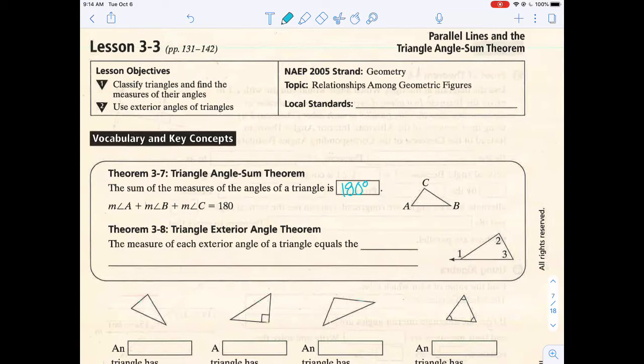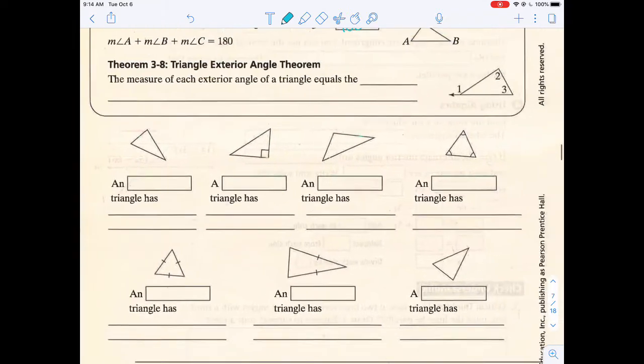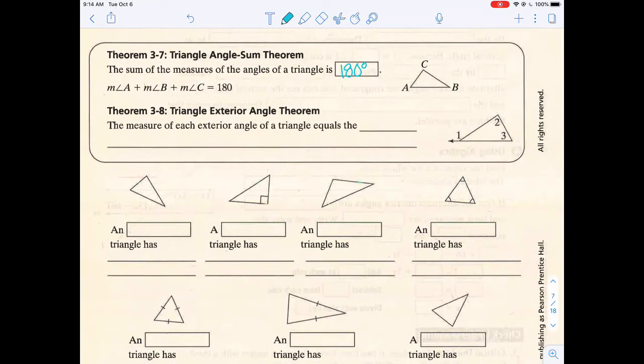Then we have theorem 3.8, the triangle exterior angle theorem, which says the measure of each exterior angle of a triangle equals the sum of the measures of its two remote interior angles.